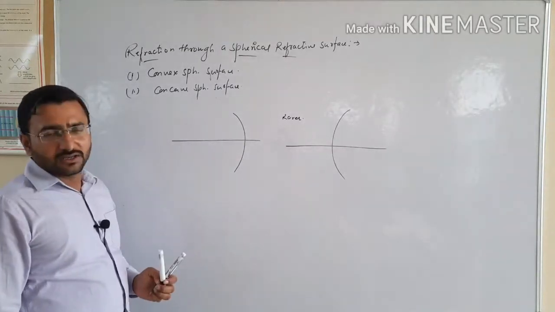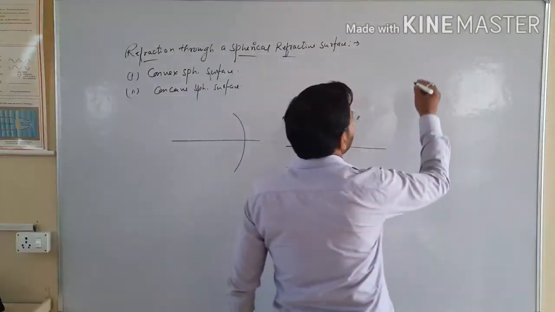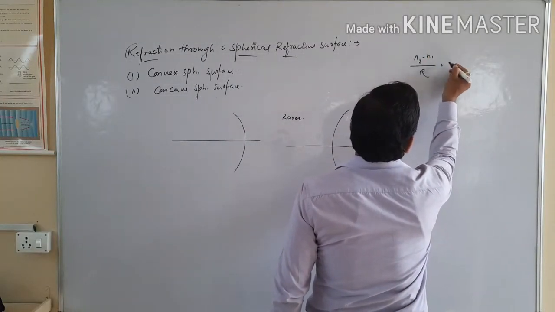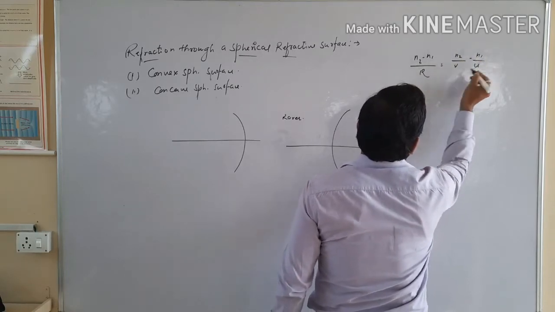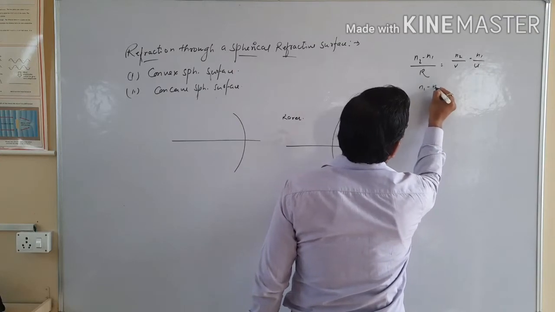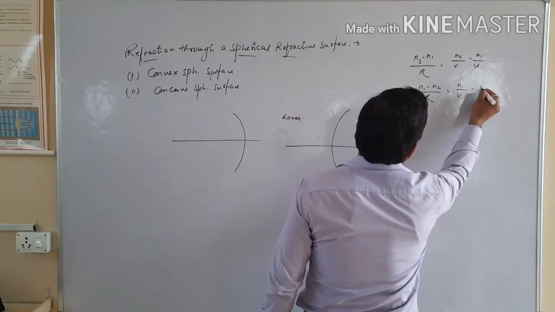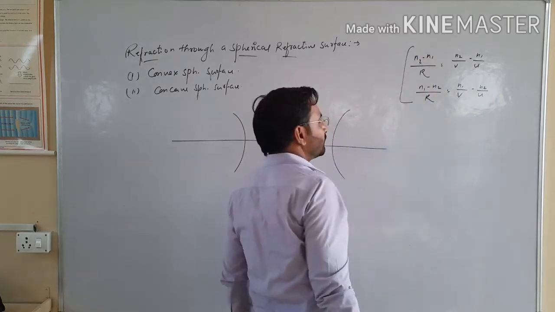For that I will give you the refraction formulas: N2 minus N1 over R equals N2 over V minus N1 over U, and N1 minus N2 over R equals N1 over V minus N2 over U.